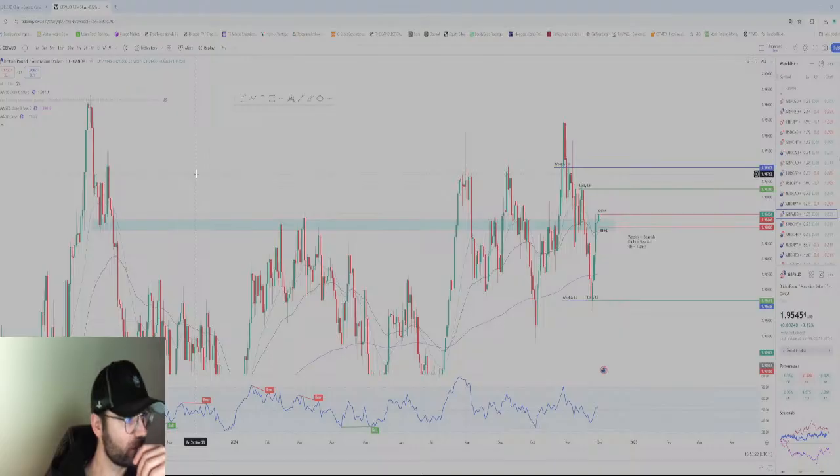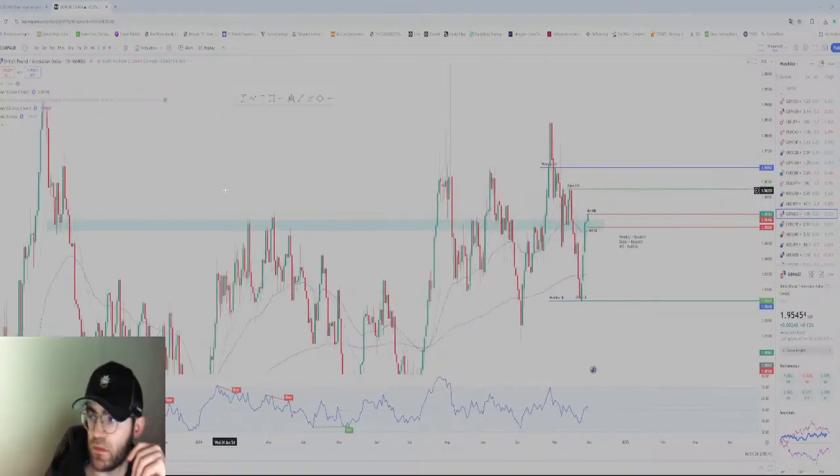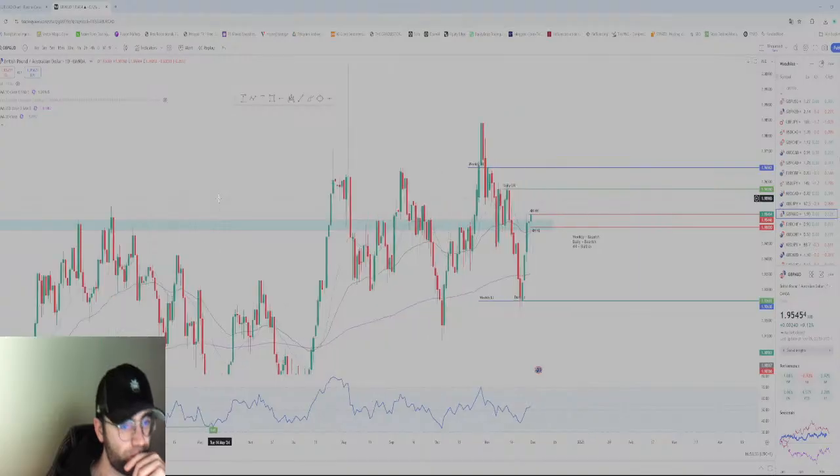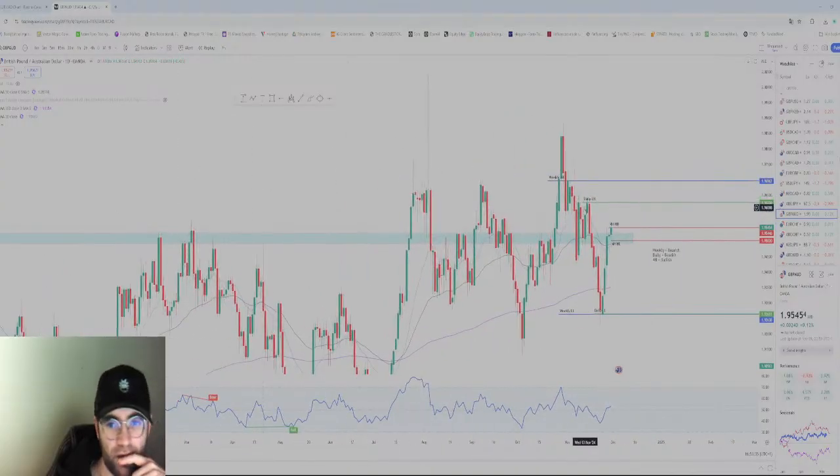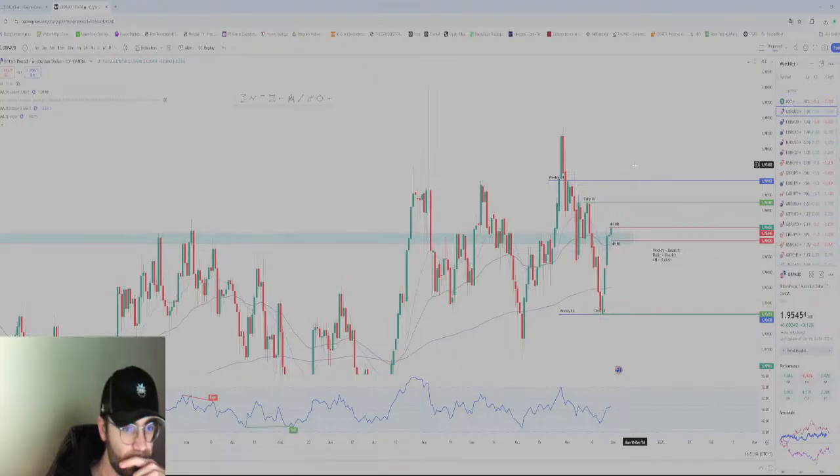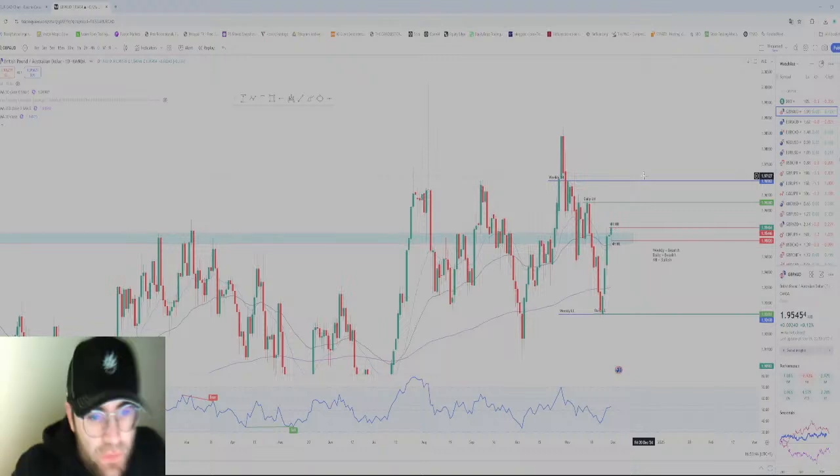This for sure is an area of interest. A lot of touches. Alright, so that's nice. I'm gonna put this pair way more up because I'm interested in this one. Very interested.